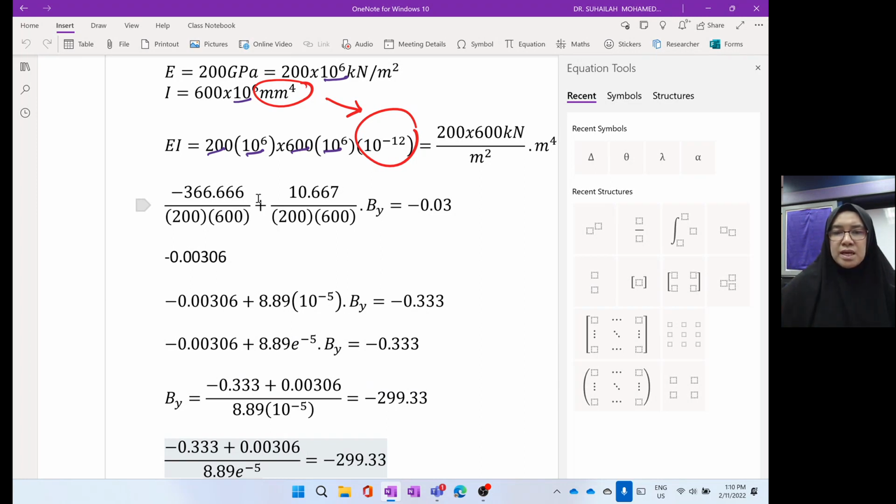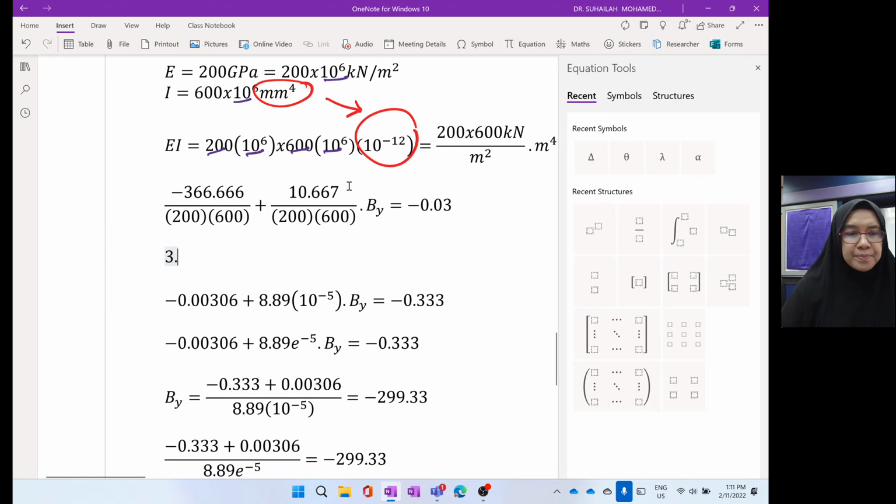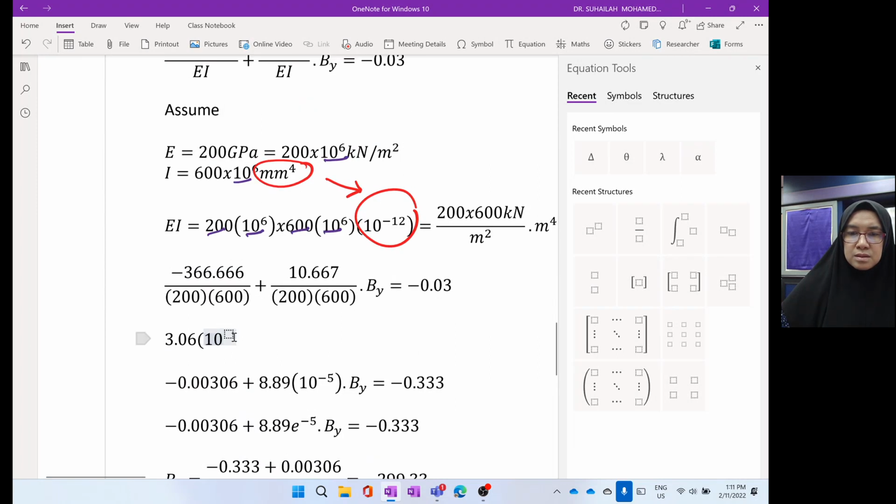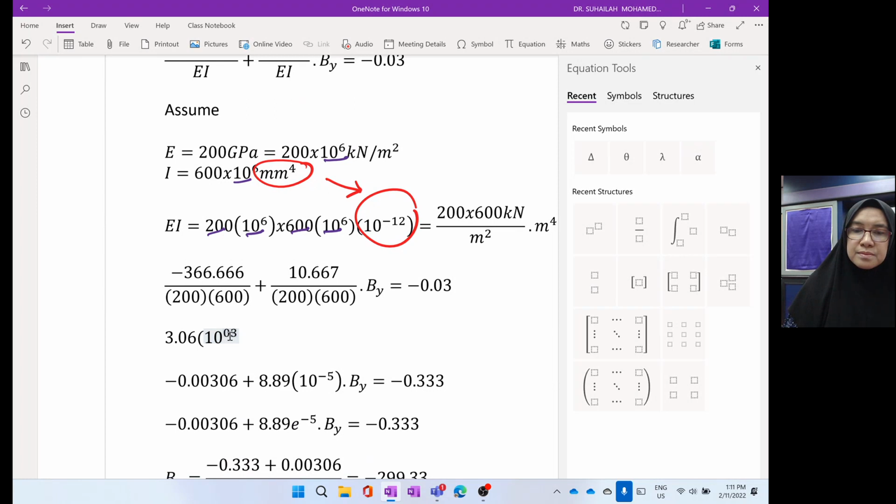Sekejap, kita tulis macam ni. 3.06, yang ni eksponen negatif 3. Okay, and 10.667 divide by 8.89.